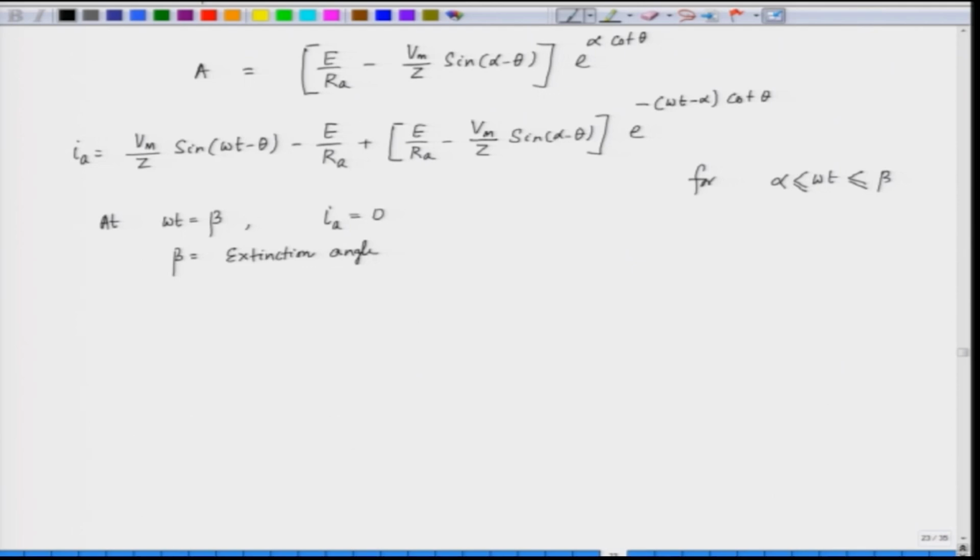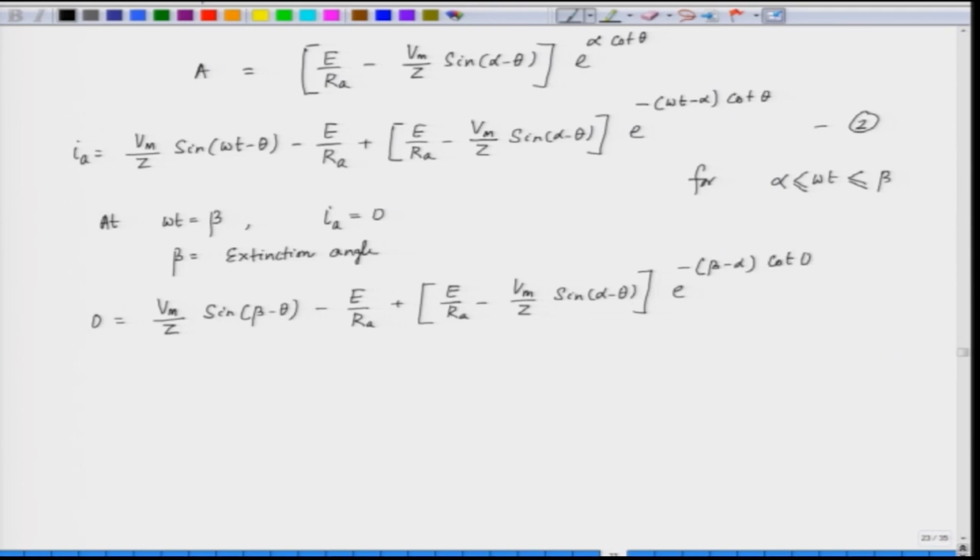So if we substitute this value in the previous equation, equation number 2, we get 0 is equal to Vm by Z sin(beta minus theta) minus E by Ra plus (E by Ra minus Vm by Z sin(alpha minus theta)) exponential of minus (beta minus alpha) cot theta.